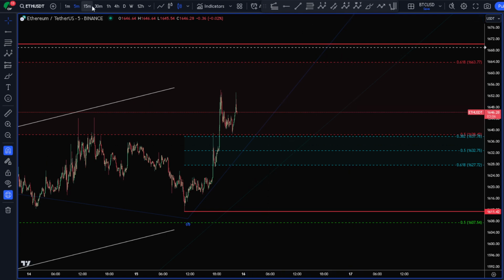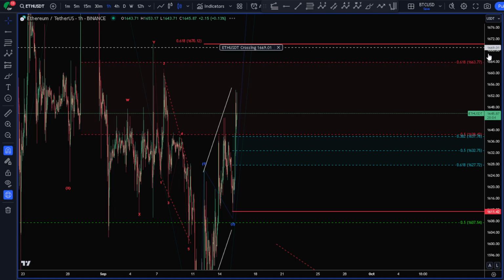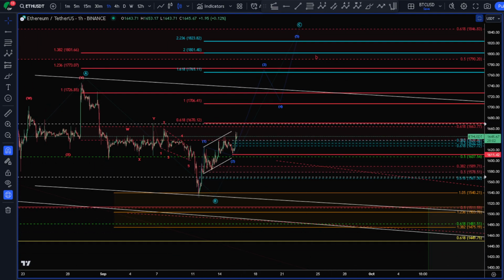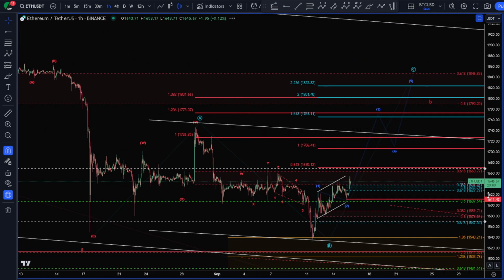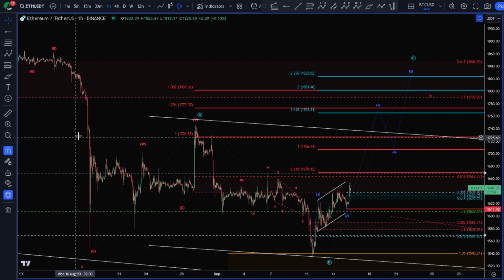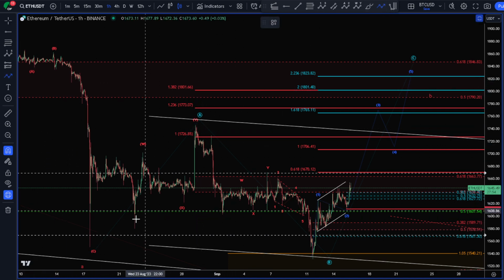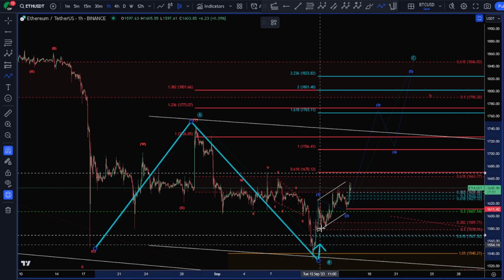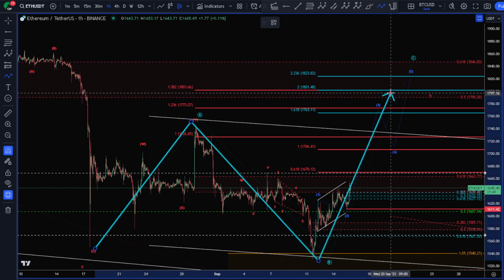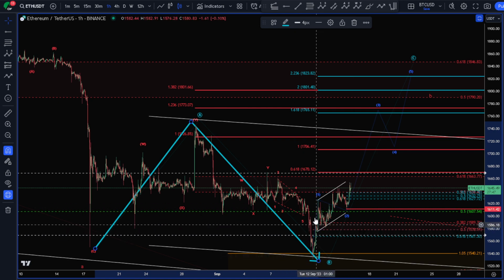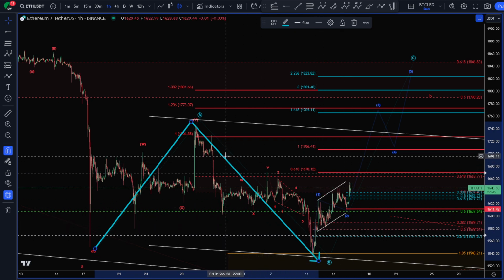And targets for our C wave currently line up very nicely. We will reach about the 1.382 extension of this A wave off the B. You can see there in red. That's at the 200% extension of this 1-2.